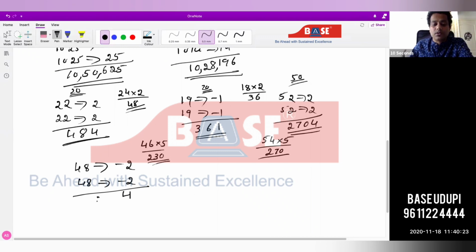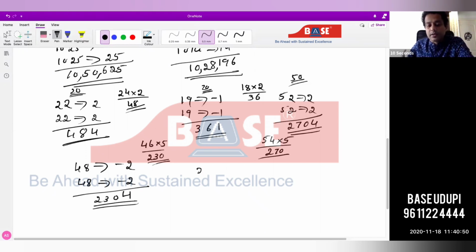So it is 2304. If you take 10 as a base value, no need to multiply because 10 is the place value. If you take 20 as the base value, you have to multiply by 2; for 30, into 3; for 40, into 4; for 50, into 5. 100, no need because 100 is the place value. 200 into 2, 300 into 3, like that.